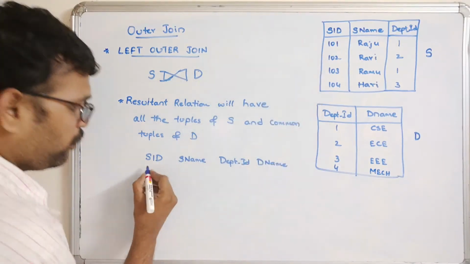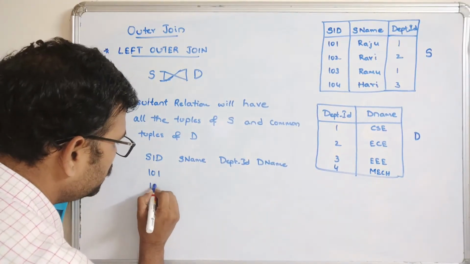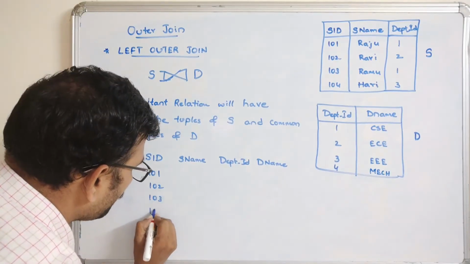Write down all the values: 101, 102, 103, 104.